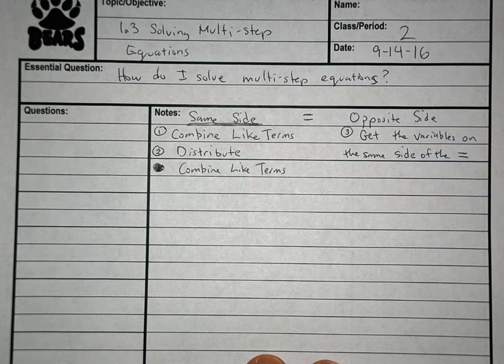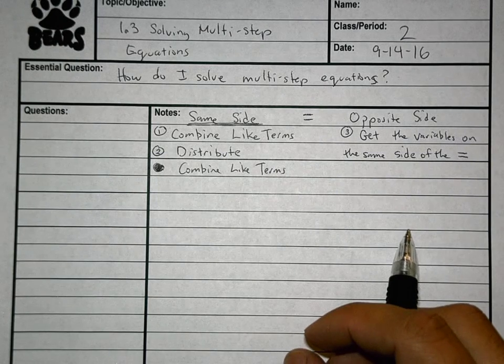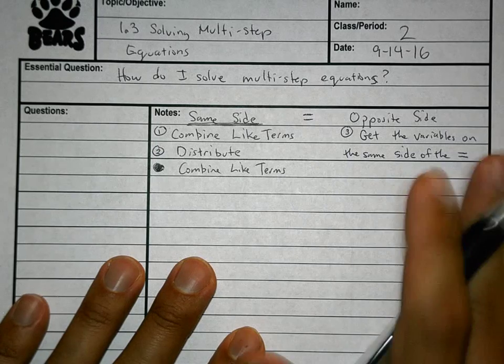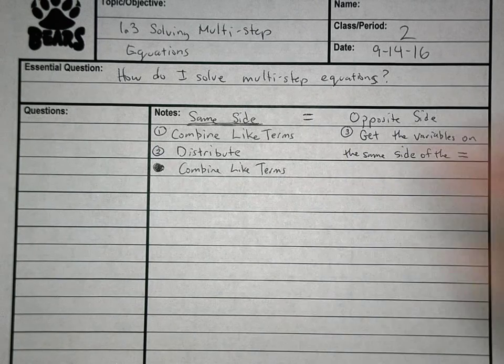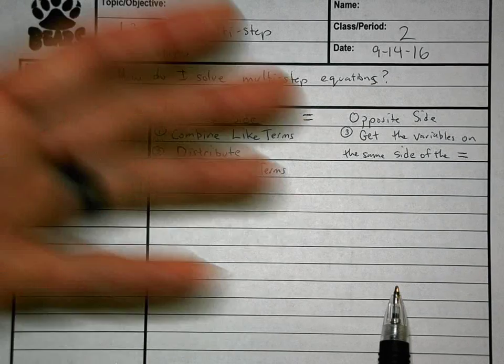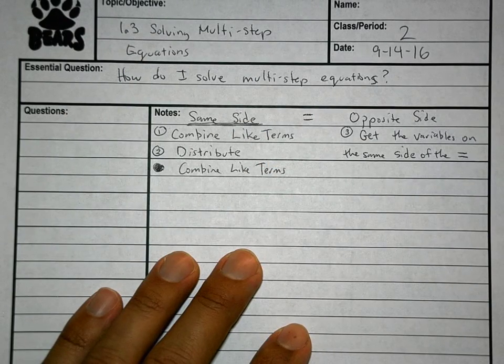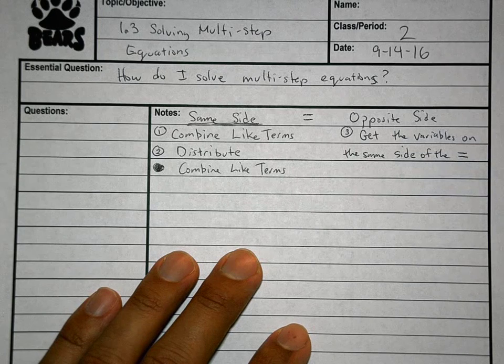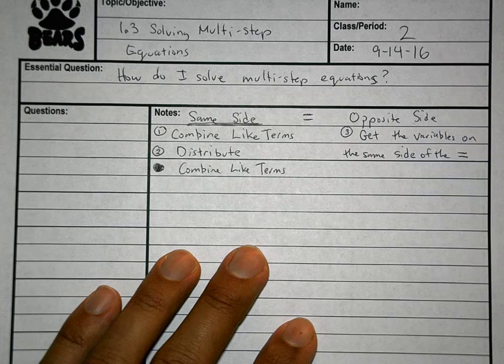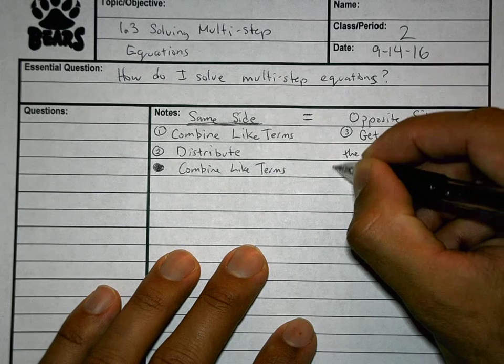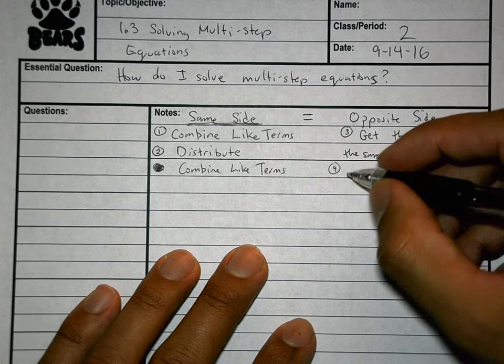Sometimes you're going to have like a 3x on this side of the equal sign, and you're going to have a 5x on this side of the equal sign. 3x on one side and a 5x on the other. And if you have something where there's a variable on the right side of the equal sign, and you have a variable on the left side of the equal sign, you're going to need to move something. And when you do, you'll do the opposite of it and move it from one side of the equal sign to the other. When we do that, our goal is to, number 4, get the variable by itself.